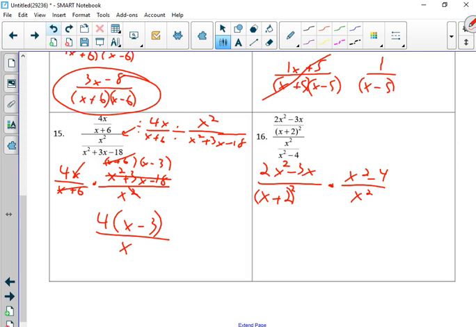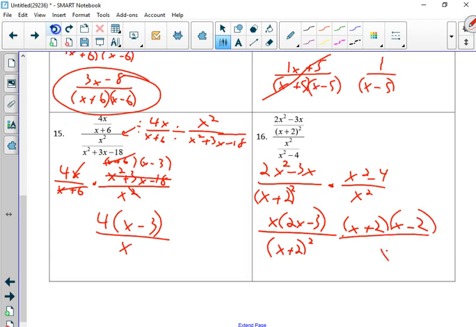Now I'm going to factor. I'm going to pull out x and get 2x minus 3 over x plus 2 squared times x plus 2, x minus 2 over x squared.